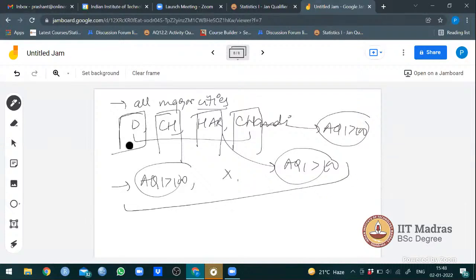Suppose I'm saying on behalf of Delhi, suppose Delhi has AQI greater than 100. Just listen to me carefully. Suppose I'm saying Delhi's AQI is greater than 100, and then I make the conclusion that all the major cities in India have AQI greater than 100, then it will be inferential.